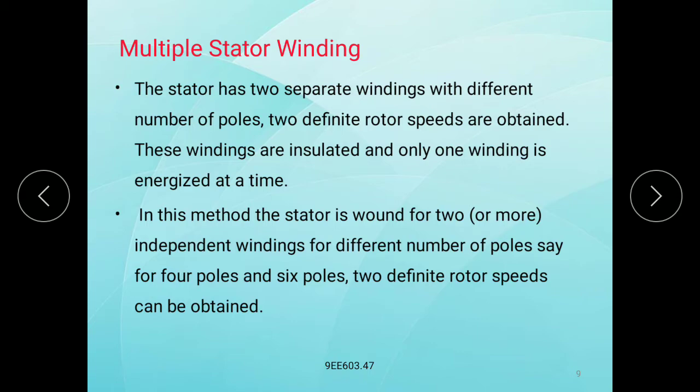Now, in this method, the stator has two or more independent windings for different numbers of poles, say 4 poles and 6 poles, so two definite rotor speeds can be obtained.